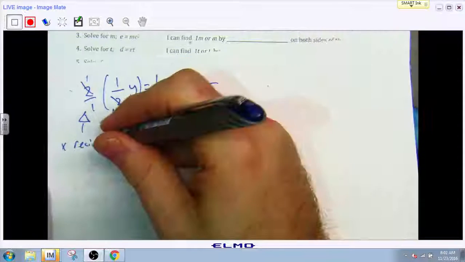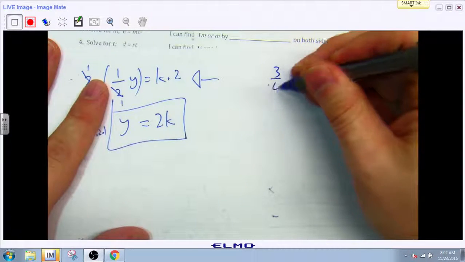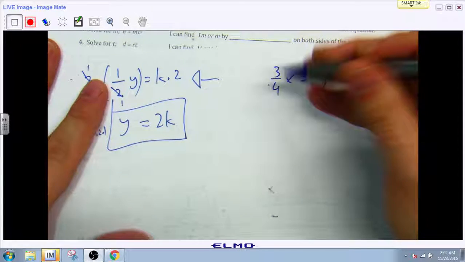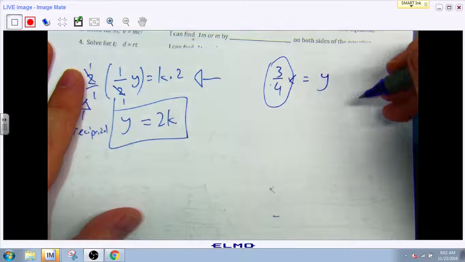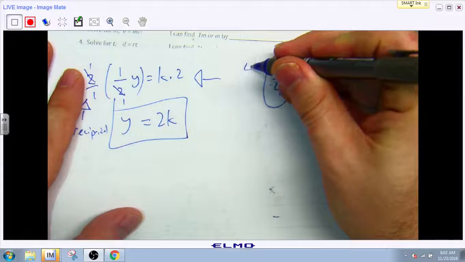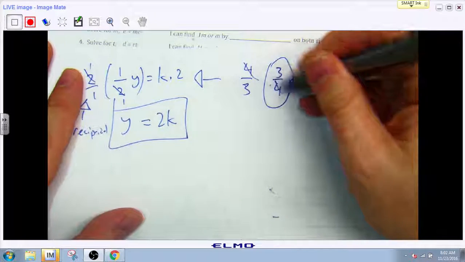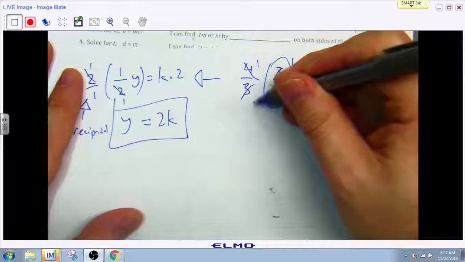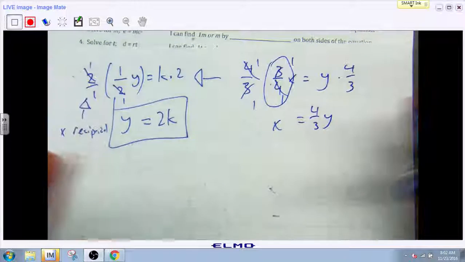Use the reciprocal whenever we see it. So for example, if I had like 3/4 x equals y, or whatever, and I wanted to get x by itself, I would look at this fractional coefficient and multiply by its reciprocal. My 4's would become 1's, my 3's would become 1's, and I'd be left with x equals 4/3 y. Doesn't matter what fraction we choose.